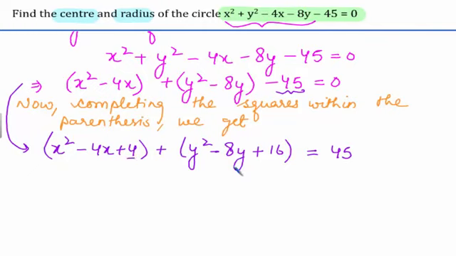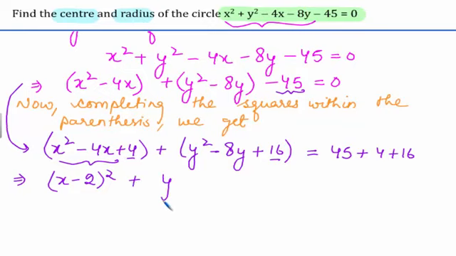Now we have added 4 and 16, therefore adding them on the right hand side also. Now this can be written as x minus 2 whole square, since on expanding we get x square minus 4x plus 4. Similarly, this can be written as y minus 4 whole square, and this is equal to 65.